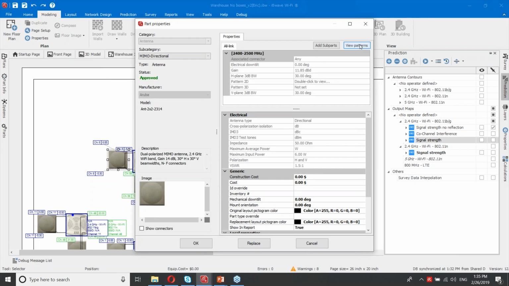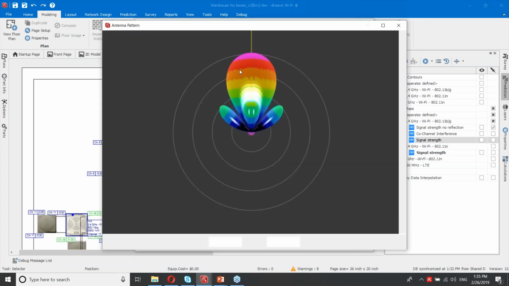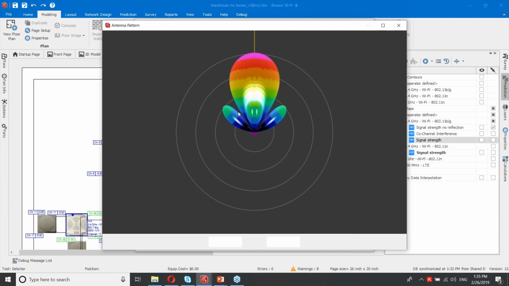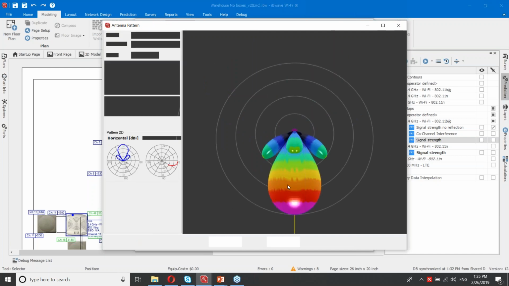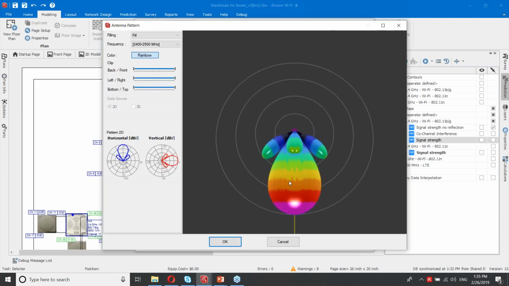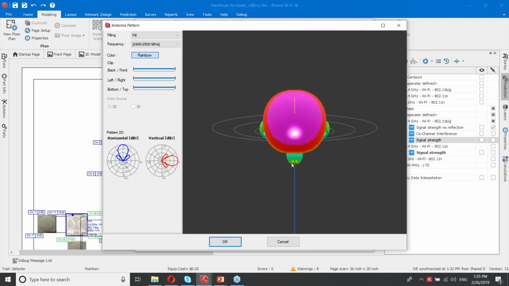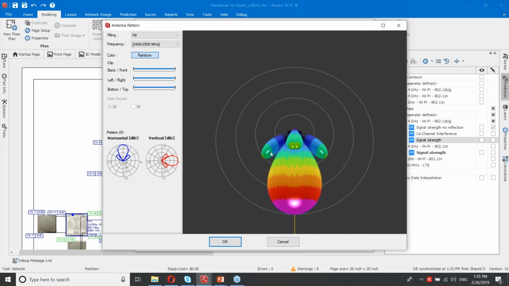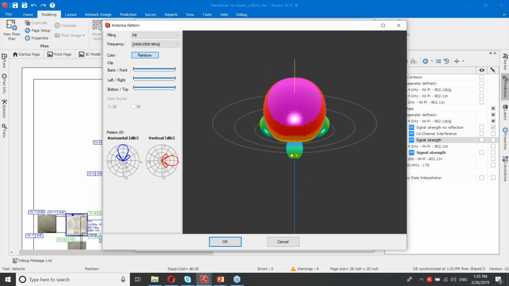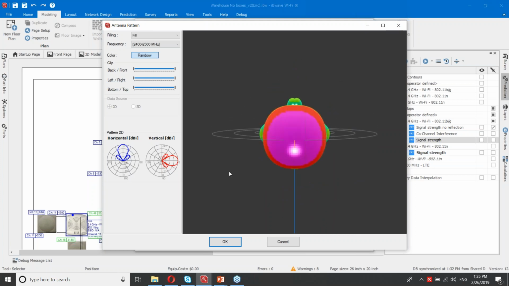Of interest to me is the view pattern, which shows me an antenna that has very narrow beam width, both horizontal and vertical. It does have some side lobes, but what I am interested in is an antenna that can properly direct the signal in between those shelves. So a narrow beam antenna in both directions is what I'm looking for.